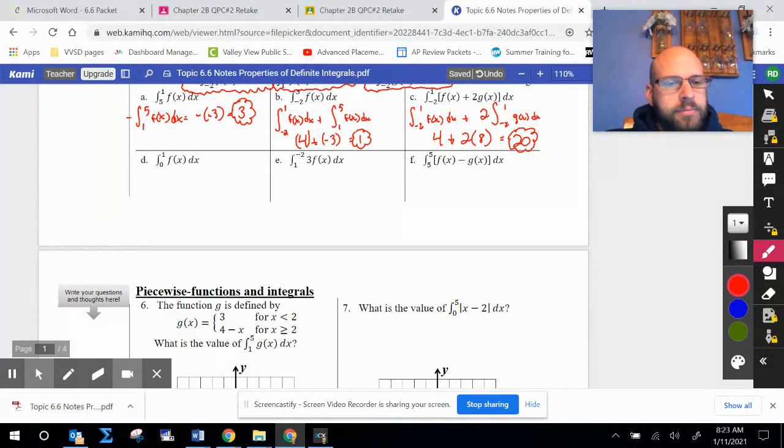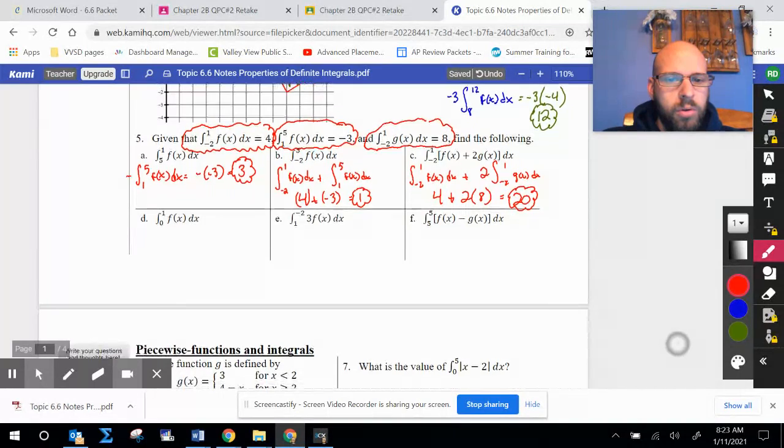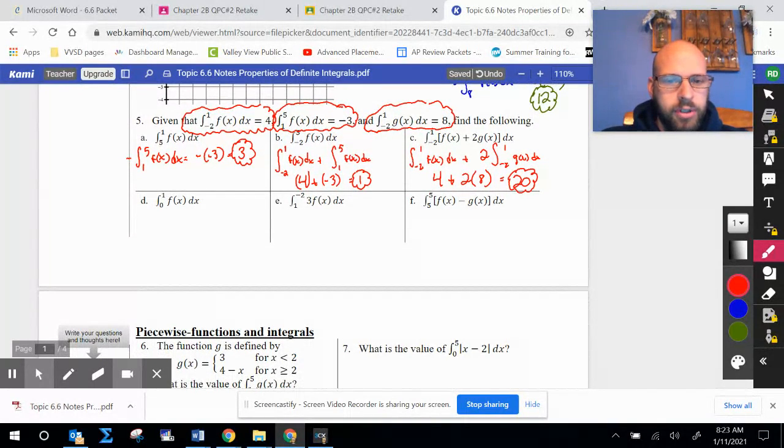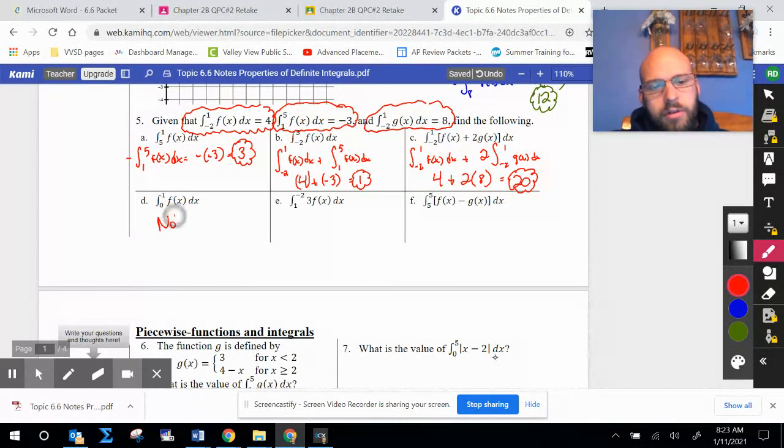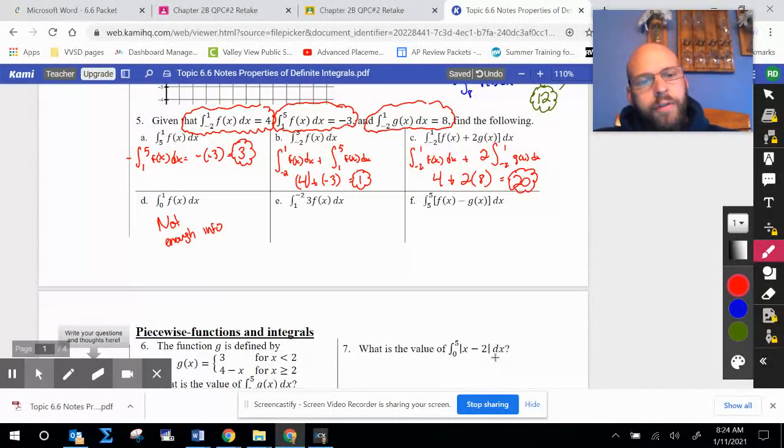Part D, the integral from 0 to 1. Okay, now we don't really know anything about this function from 0 to 1, right? So not enough information here. What about from 1 to negative 2? Well, if I go from 1 to negative 2, that's just the flip-flopped version of the other one.